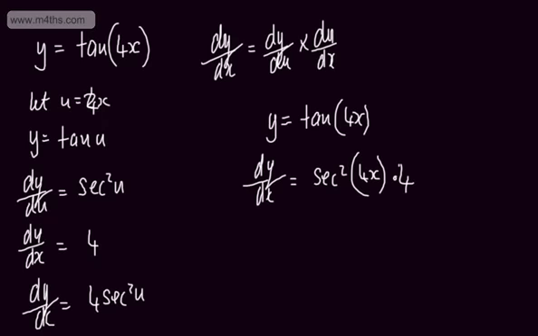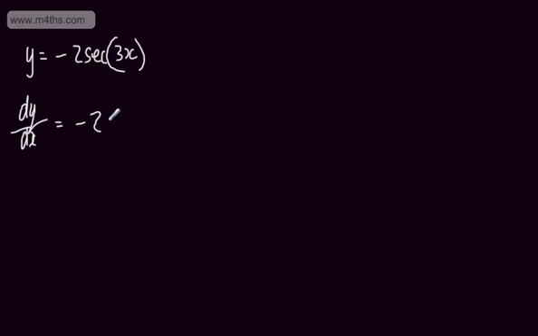So let's go ahead and look at another example. Let's say we have to differentiate y is equal to minus 2 sec of 3x. So let's just think about the derivative of sec x. The derivative of sec x is sec x tan x. So what we could do here is write that dy by dx will be equal to minus 2, then sec of 3x, tan of 3x, and then we multiply through by the derivative of the inside function, which will be 3.